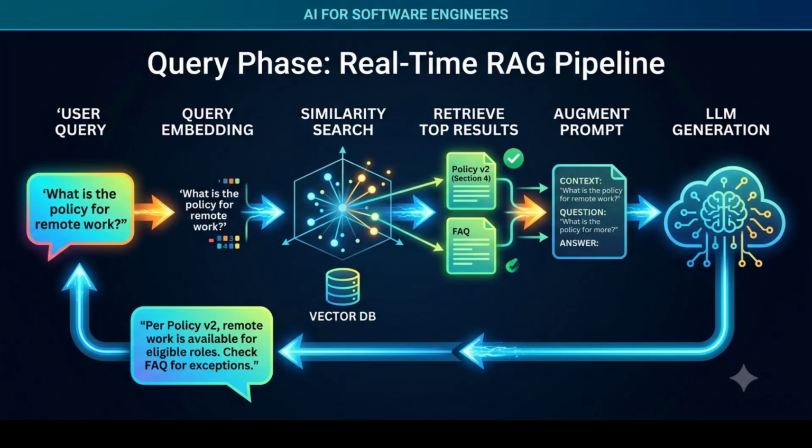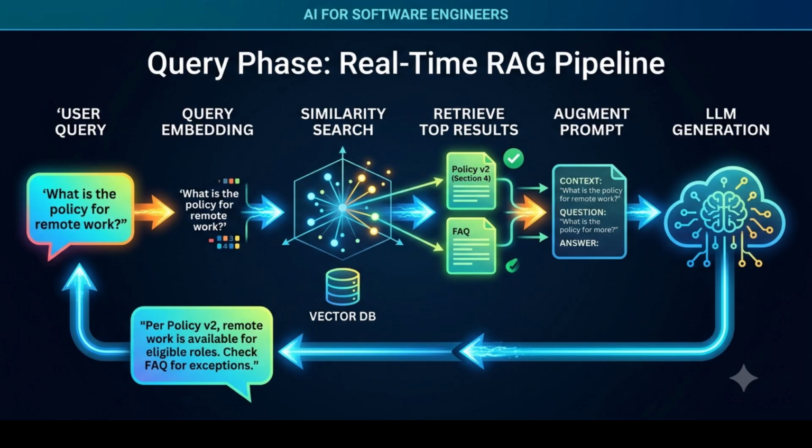Now the second phase is the runtime. This is what happens when a user asks a question. The user sends a query, for example about an EU customer, and that query is converted into an embedding. Now your system performs a similarity search in your vector store.